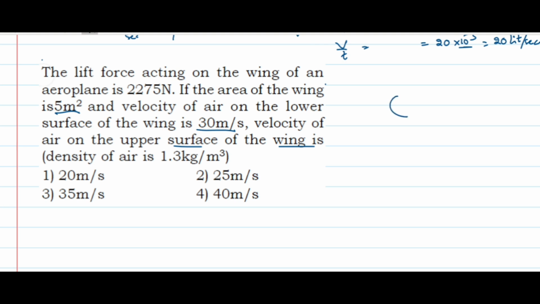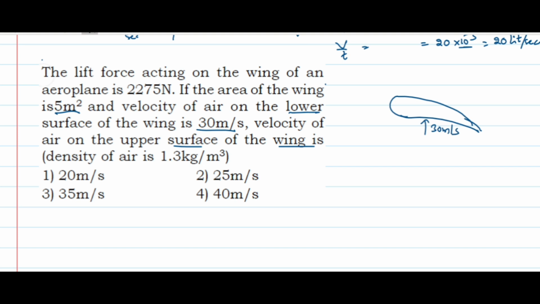Here it's an aeroplane wing, and the lifting force, the upthrust or net force, is given. The velocity of the air on the lower surface is given as 30 meter per second.